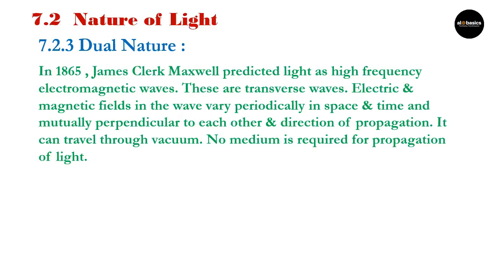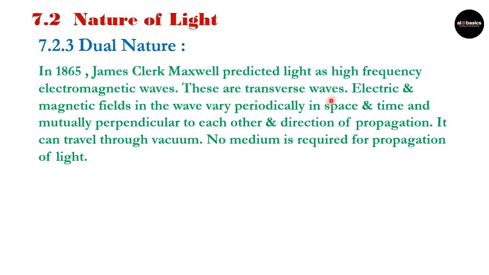Then in 1865, there was a scientist, James Clerk Maxwell, who predicted light as high frequency electromagnetic waves. And these are transverse waves. Earlier, Huygens considered light as a longitudinal wave.